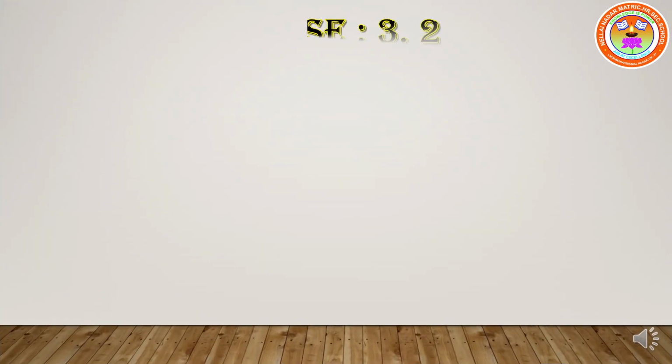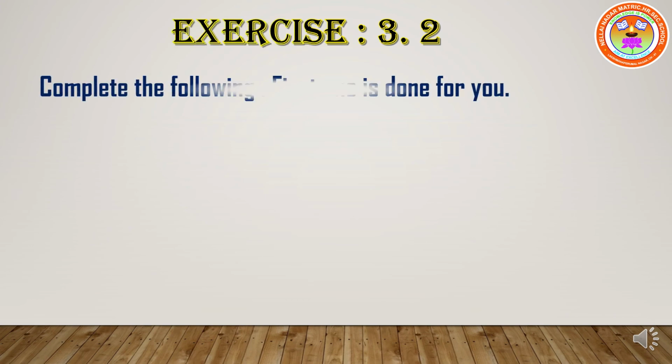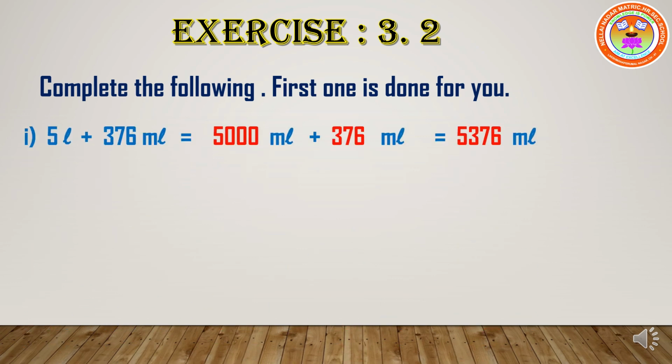Let us move on to exercise 3.2. Under that, complete the following. First one is done for you. So the question is 5 liter plus 376 milliliter. So already we just learned that on converting liter into milliliter, we have to multiply the given number by 1000.